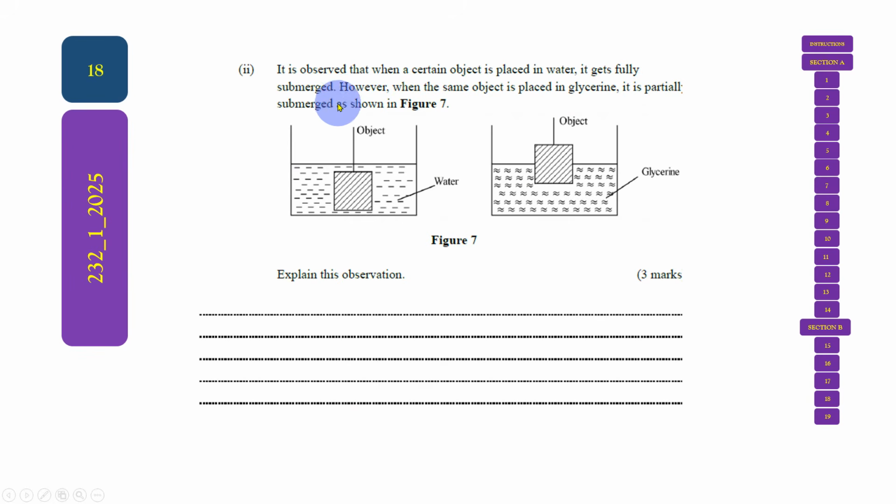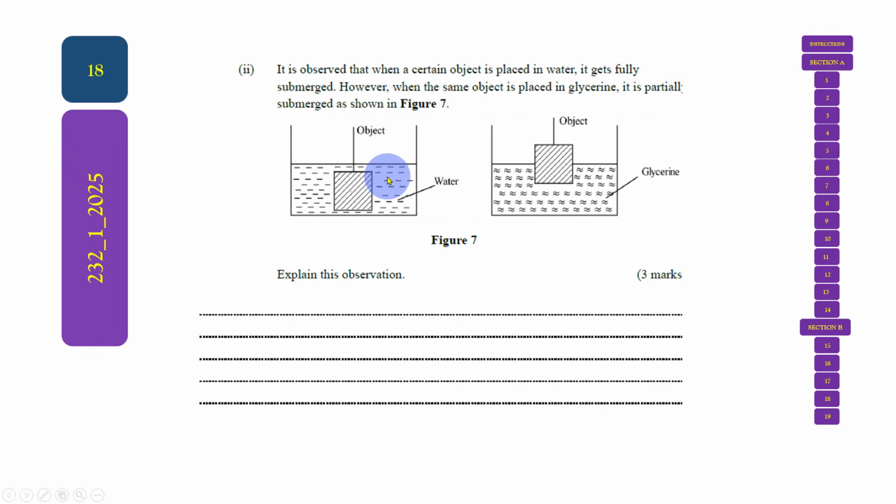Let's go to part 2 of that question. It is observed that when a certain object is placed in water, it gets fully immersed. However, when the same object is placed in glycerin, it is partially submerged, as shown in figure 7.